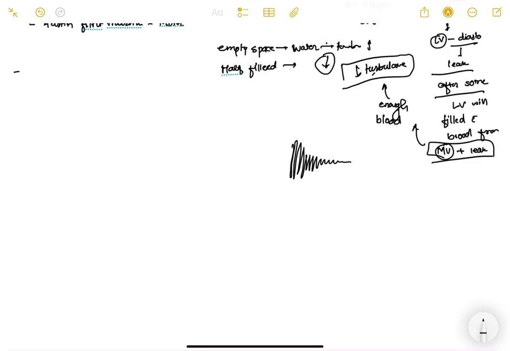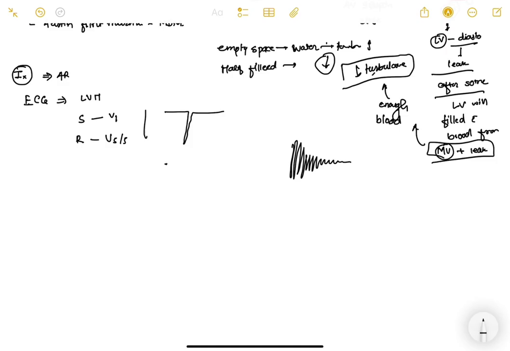Now, what are the investigations to be done in AR? First, we will do ECG. What will it show? It will show left ventricular hypertrophy, S wave in V1 and R wave in V5, V6, same as in aortic stenosis.